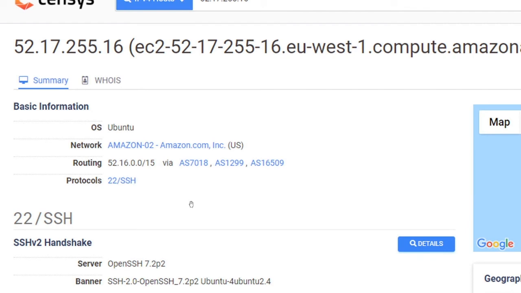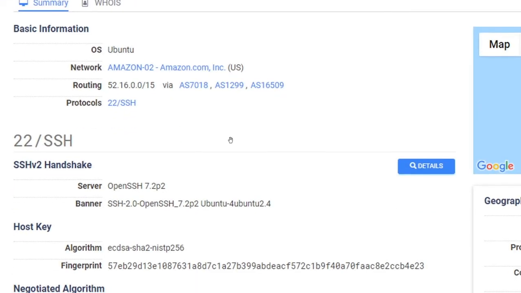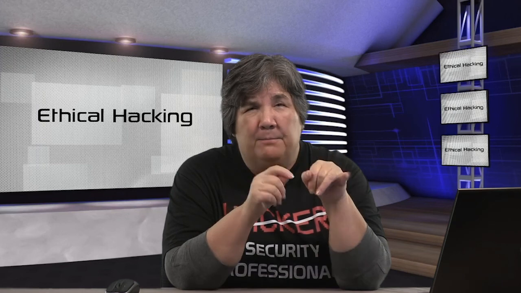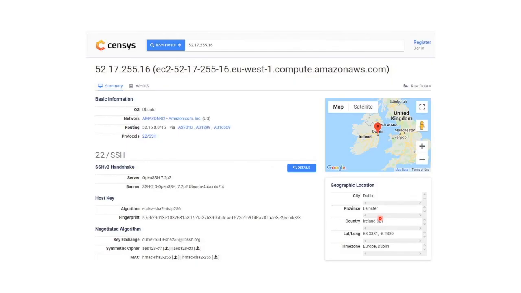That's interesting. So remember what I said about cloud stuff making you vulnerable? This is it right here. Somebody put an Ubuntu server on Amazon Web Services. And now whether or not you can break into the SSH service on it, I don't know. But here is a website that found it for you. So that's an example of just a few of the tools we can use to help with our footprinting.